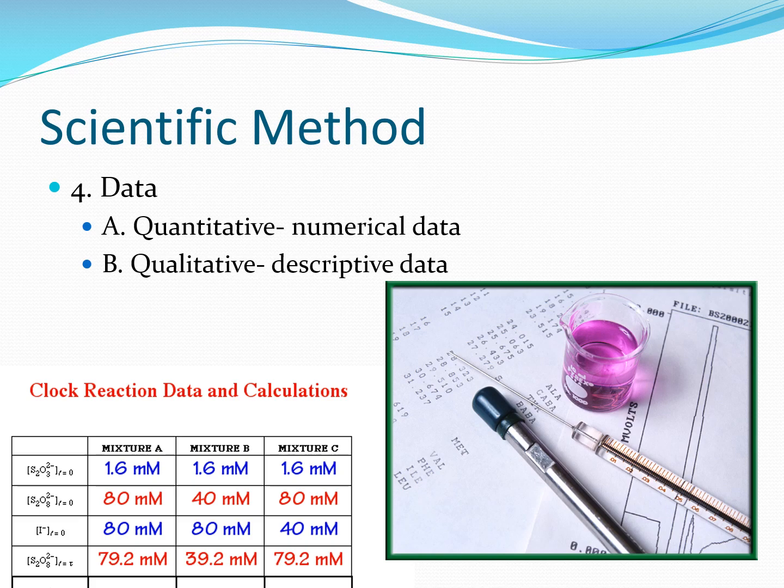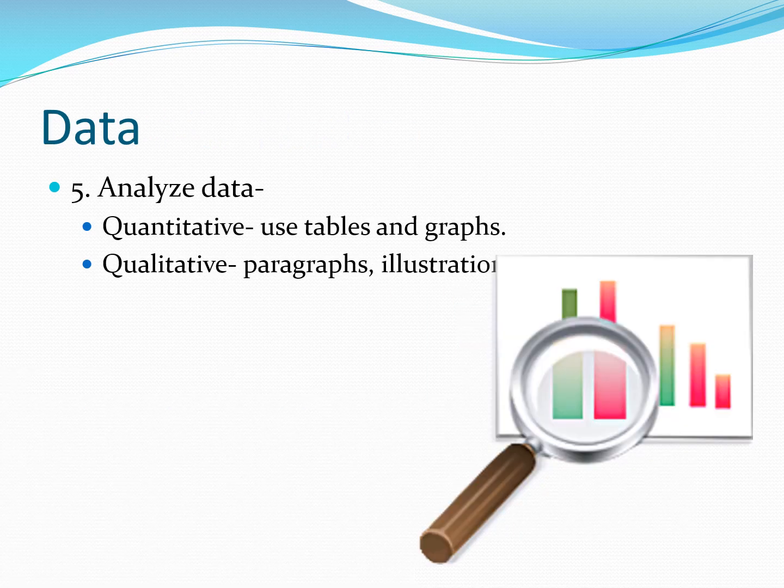Now, when you're doing your experiment, the next thing is analyze the data. And this is where you kind of get your data organized. If you just jotted down a bunch of numbers on a piece of paper and handed me that piece of paper, I would have no clue what that means. The saying, a picture says 1,000 words, is true when it comes to experiments.